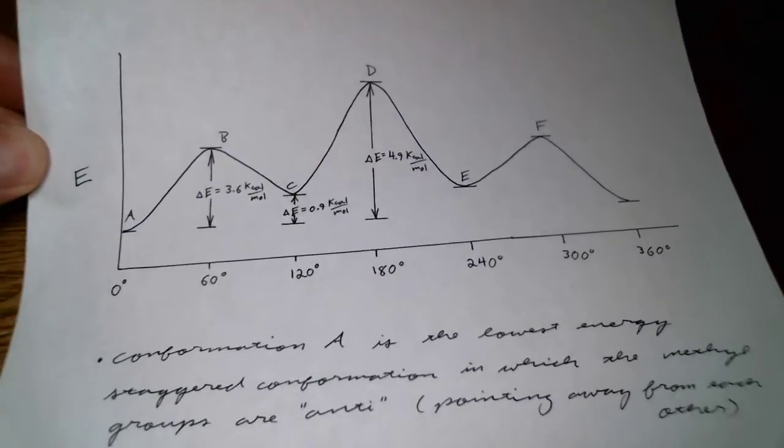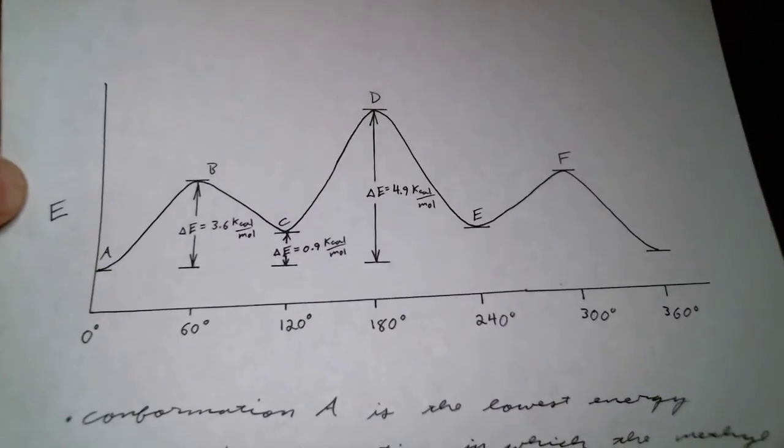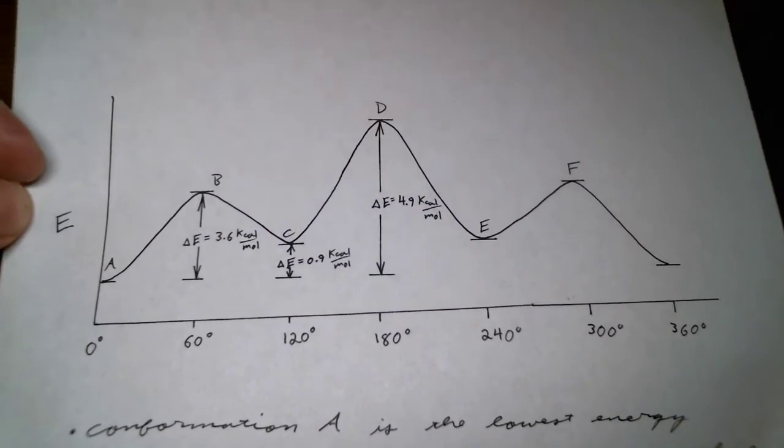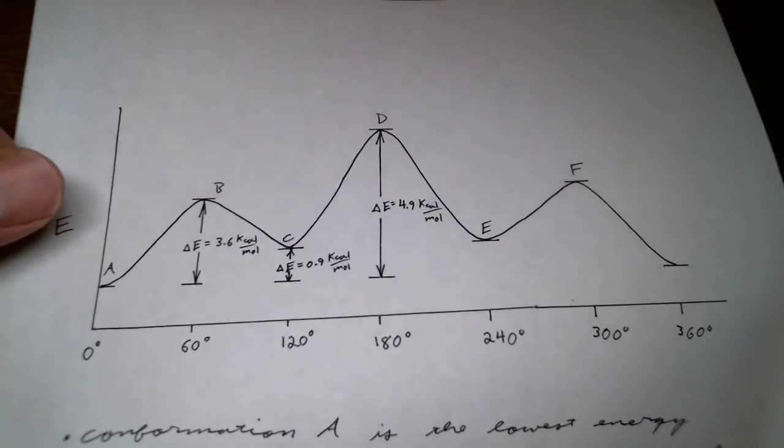Last page for this video. Here is the energy versus rotational diagram process. So you can see A is our lowest energy staggered conformation.